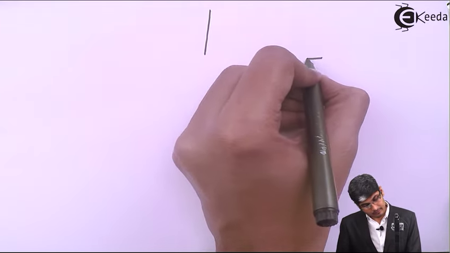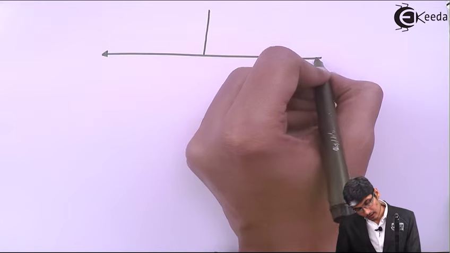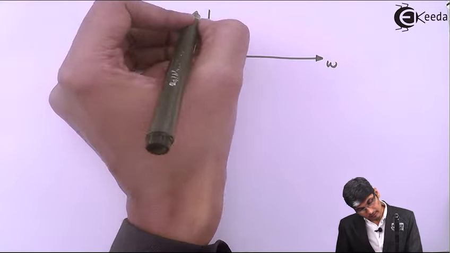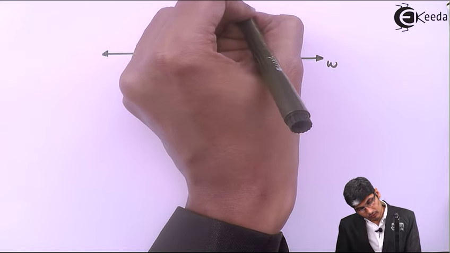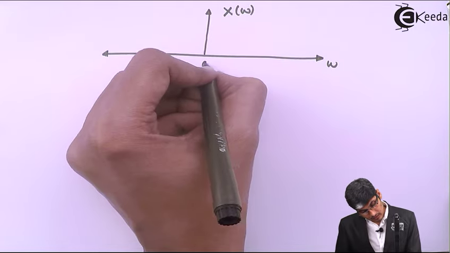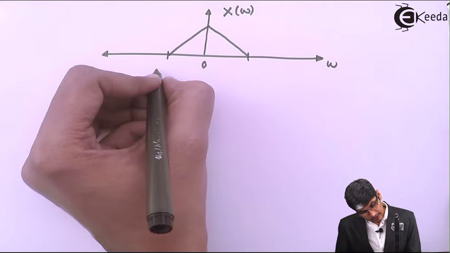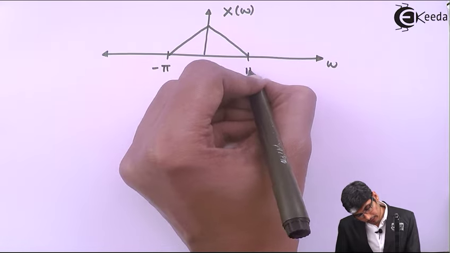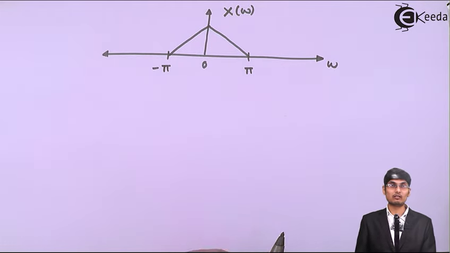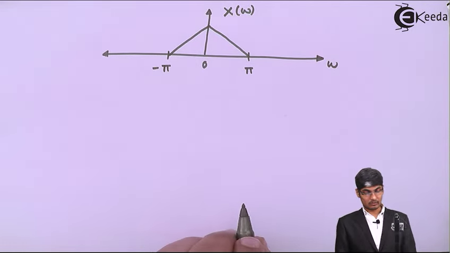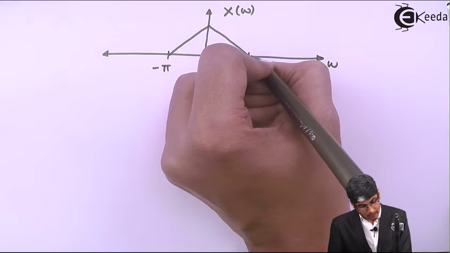Let's say I have a signal, say X of omega, which is of some arbitrary shape. I choose it like this, going from minus pi to pi. Now because it is periodic, what is going to happen?